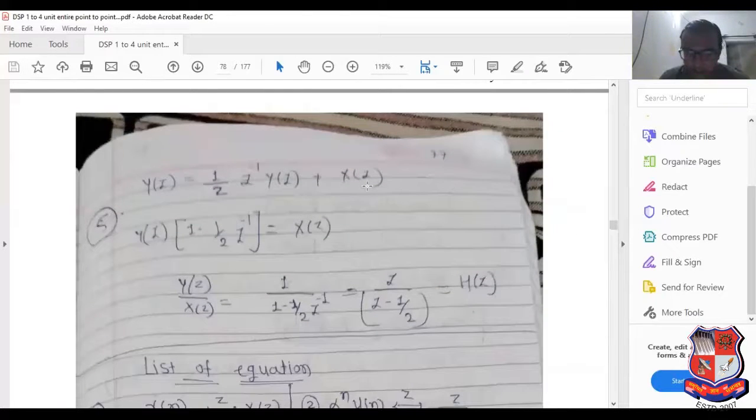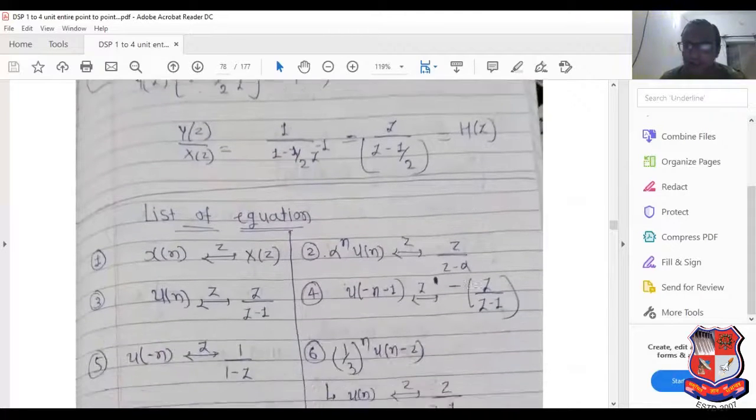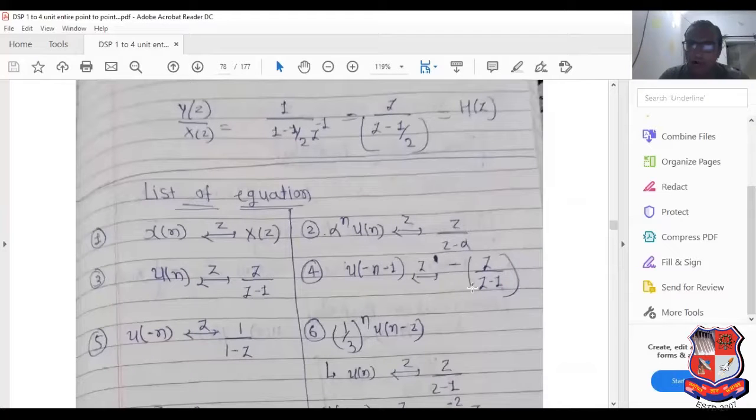So here take Y of z as common. So Y of z by X of z equals 1 upon 1 minus 1 by 2 z inverse. So the answer is H of z, the last equation Y of z by X of z equal to H of z, which is z upon z minus 1 by 2. It is the final answer. Now see, this is the list of equations.